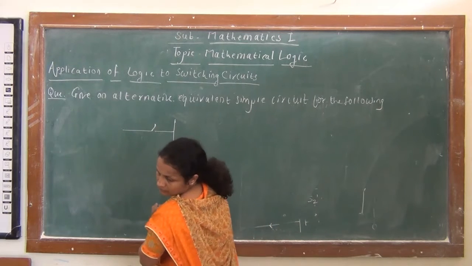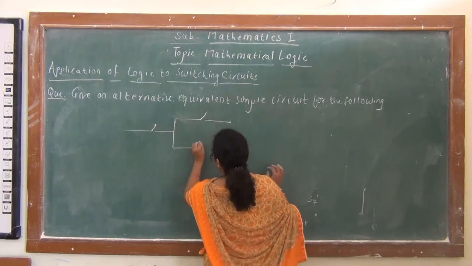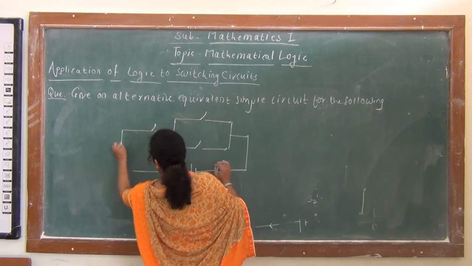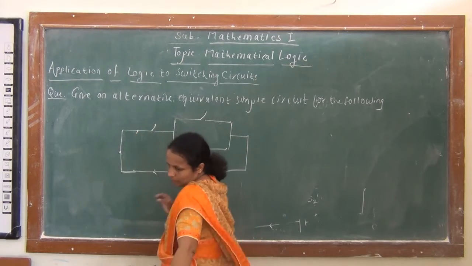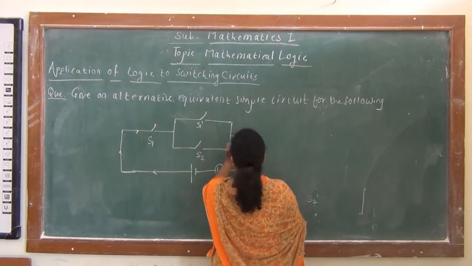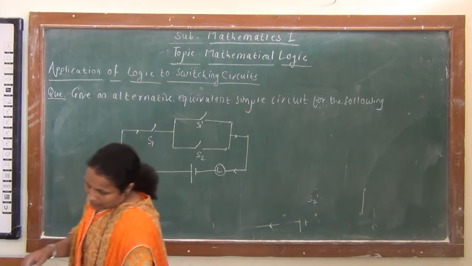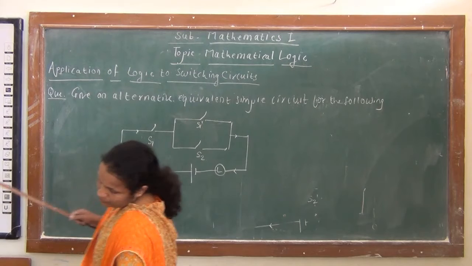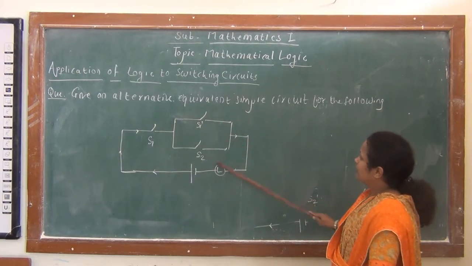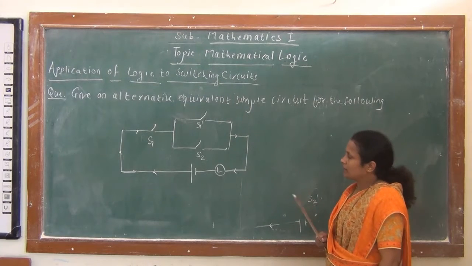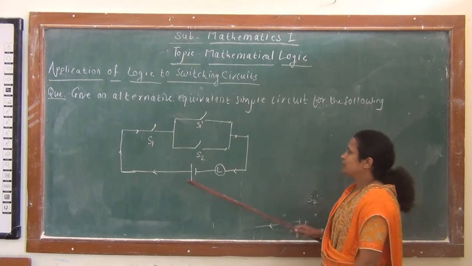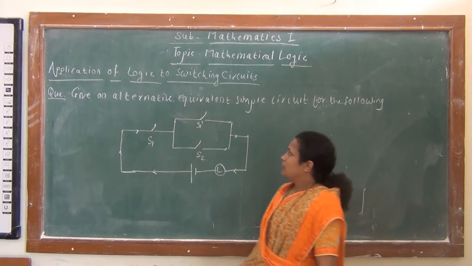S1, S1 dash, S2, S1, S2, S1 dash. So we have to find an alternative equivalent simple circuit, and to find it, first we have to find its symbolic form, and then by using laws of logic we simplify this given symbolic form and find its equivalent form.